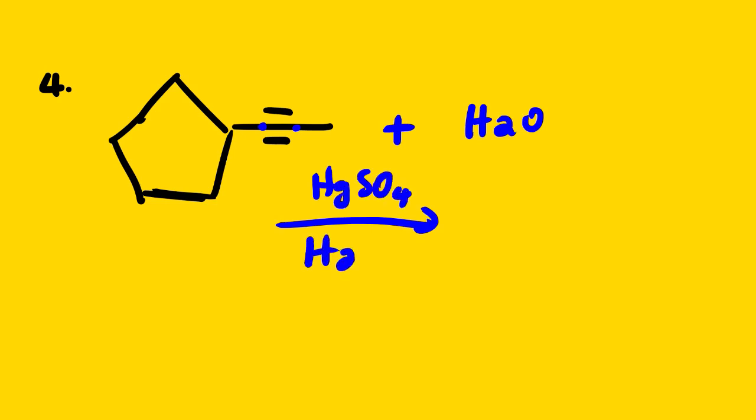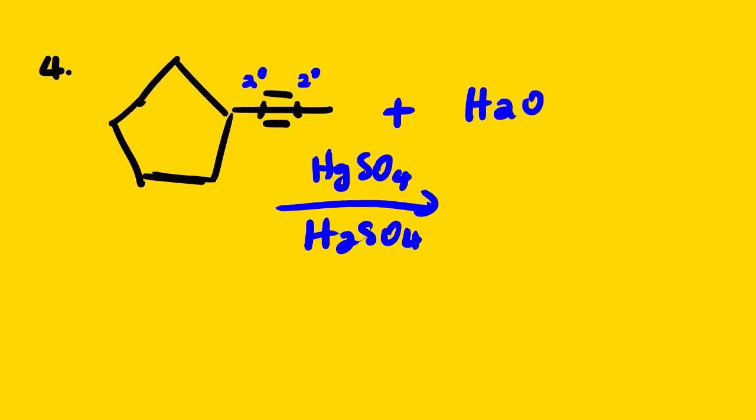Suppose you have an internal alkyne but it is not symmetrical. React this with water in the presence of our catalysts. So you can see that this is a secondary carbon, this is also a secondary carbon. So we are going to have a mixture of two products. We are going to start by adding here and adding here.